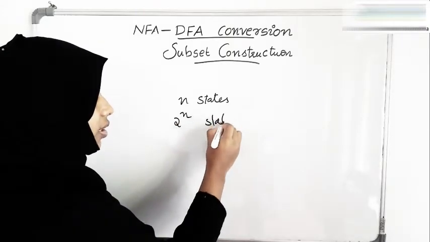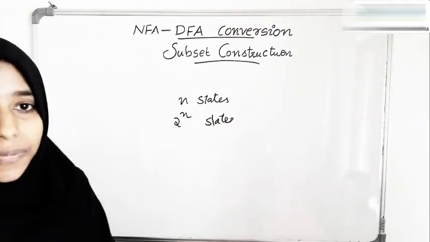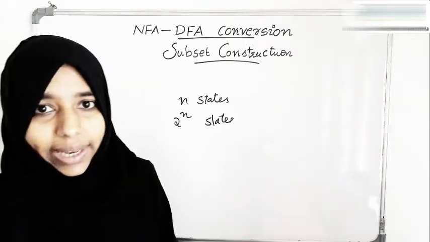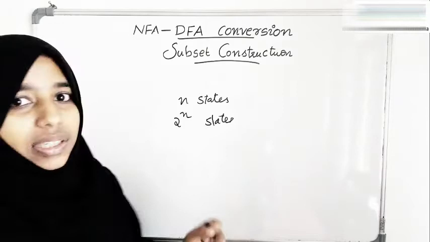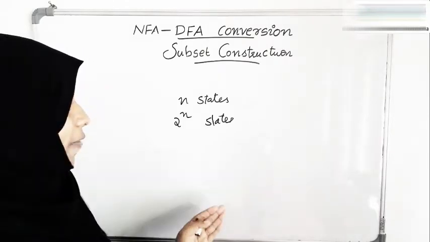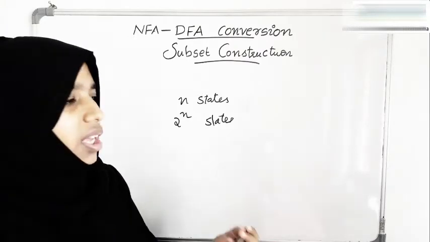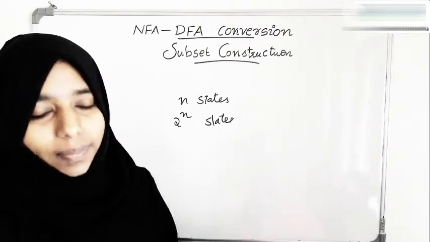That is, even if an NFA contains just n states, in the worst case its corresponding DFA can have 2 raised to n states, meaning that drawing a DFA will be a bit difficult in some cases.